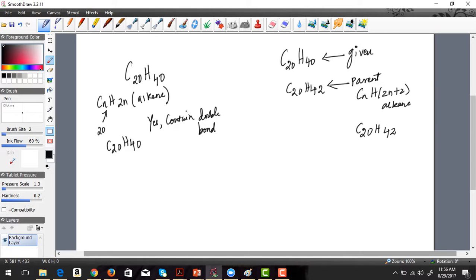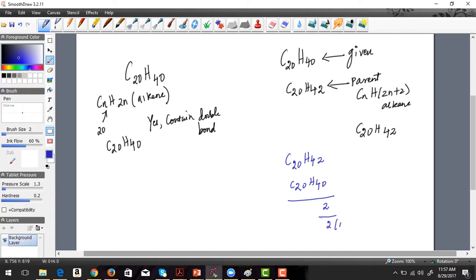So how do we figure out how many double bonds there are? All you have to do is put your parent at the top and put the given at the bottom, H40. Then you subtract this from that and divide it by 2.